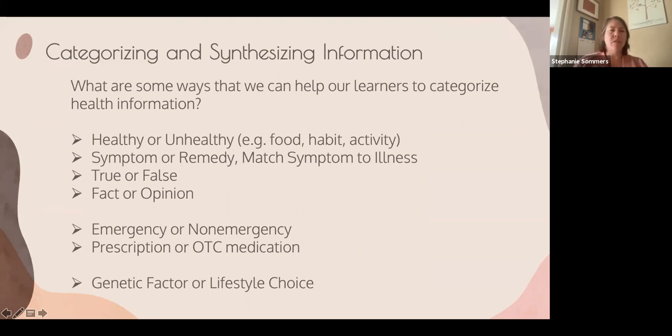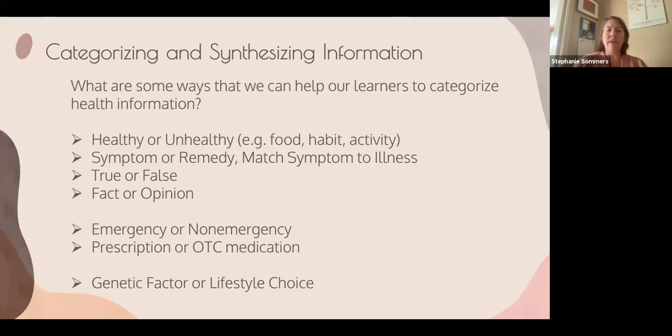They could maybe sort or categorize symptoms versus remedies, or match a symptom to an illness. They could determine if information is true or false, or if it's fact or opinion.